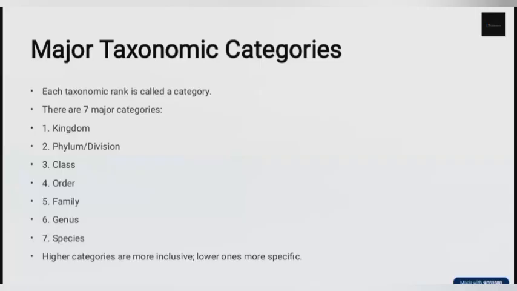If you break a cell apart, you no more have life. Cells come together to make up tissue. Tissues make up organs. Organs make up a system, which is a complex. Systems make up complex organisms. So the cell is the basic unit of life. Likewise, in nomenclature, species is the basic unit of classification.